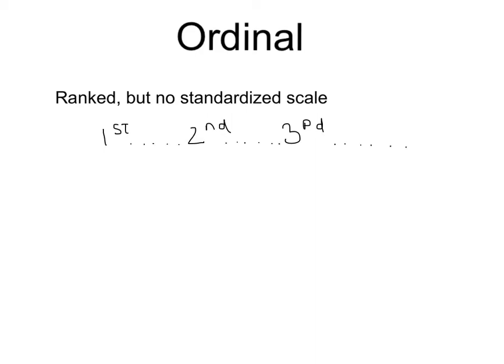Clearly somebody did better than other people, but the distance between the first place and second place finisher might only be 0.3 of a second, where the distance between the second and third place finisher might be 2 minutes, and the distance between the third place finisher and the fourth place finisher might be 35 seconds. So there's no standardized scale. The distance between 1 and 2 is not the same as the distance between 2 and 3 or 3 and 4.